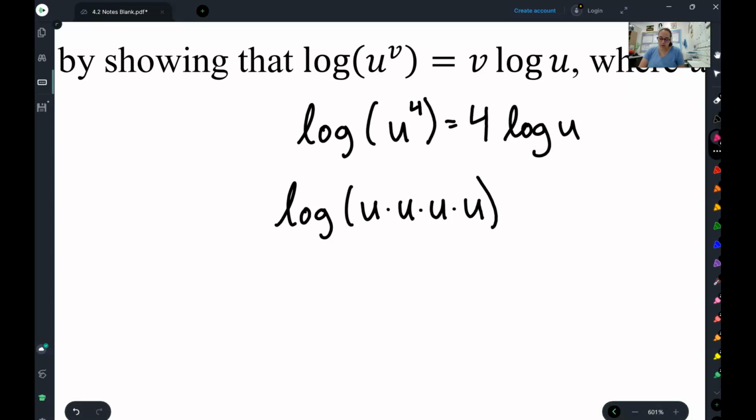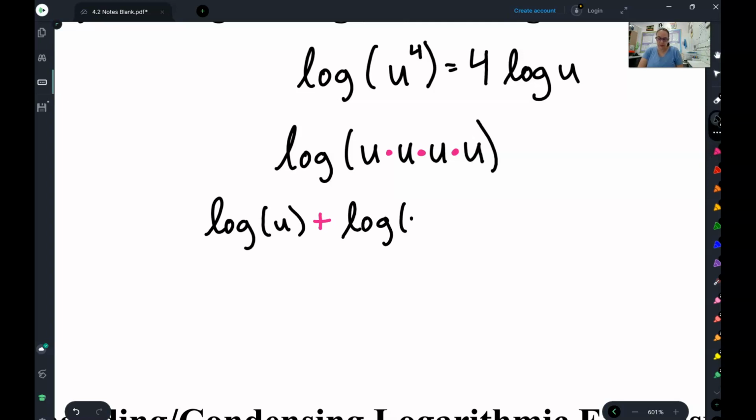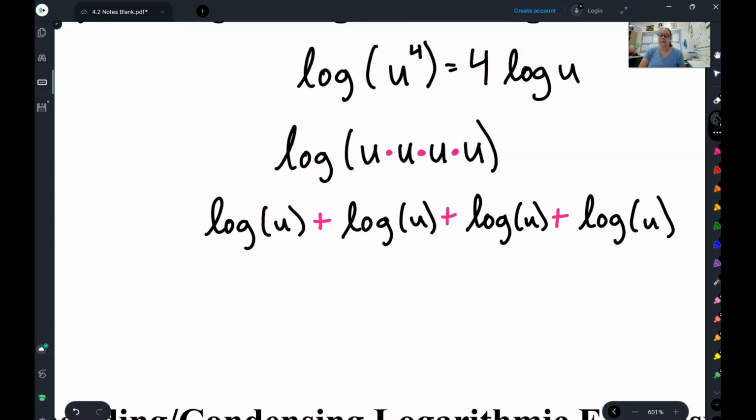And I also know that all of these multiplications can turn into additions using our log property. So I'm going to change the multiplication into addition, and then change the next multiplication into addition, and the next and final multiplication into addition, and I have this.